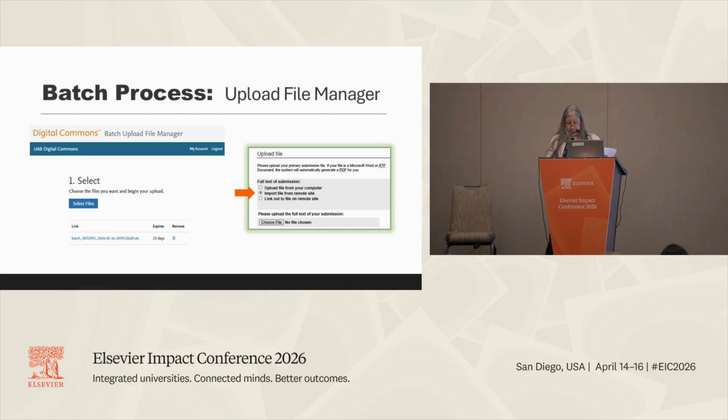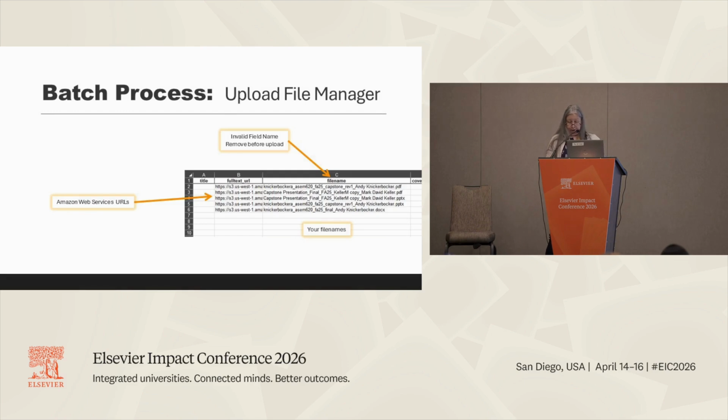The full batch upload process, you just populate the empty fields with metadata. So you'll note that the file name field is not a valid Digital Commons field, so while it's helpful to keep that field in place until you're done assigning metadata, the column will need to be removed before upload.